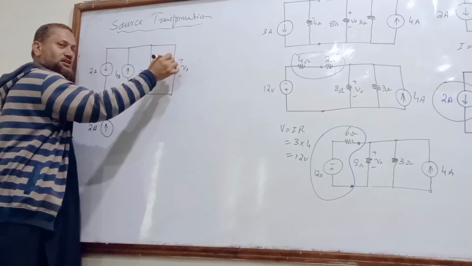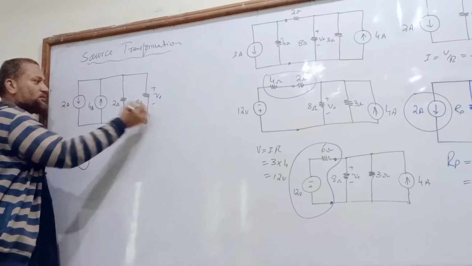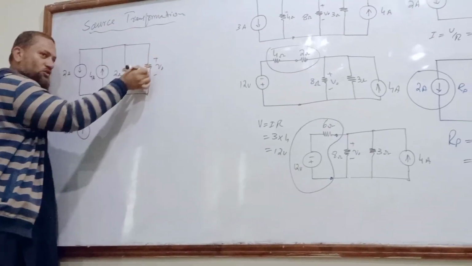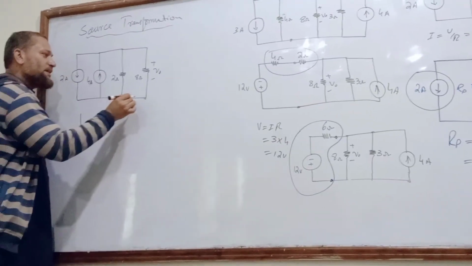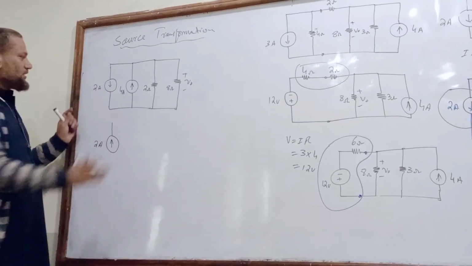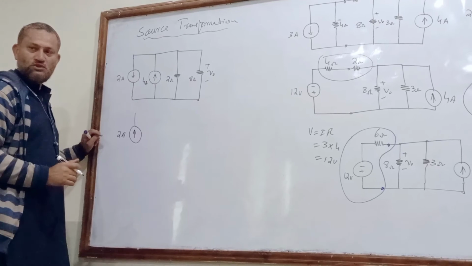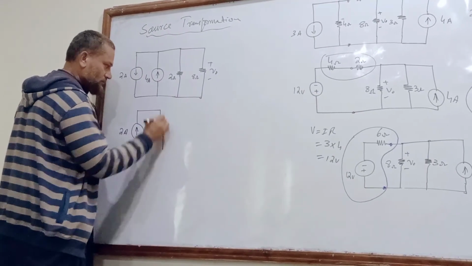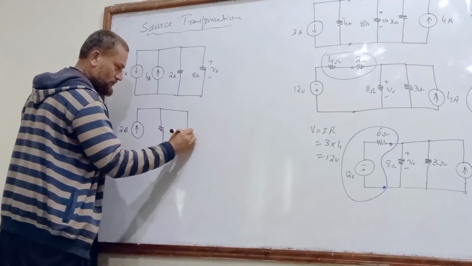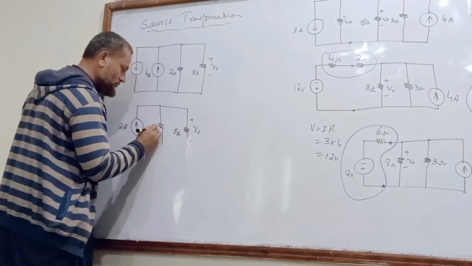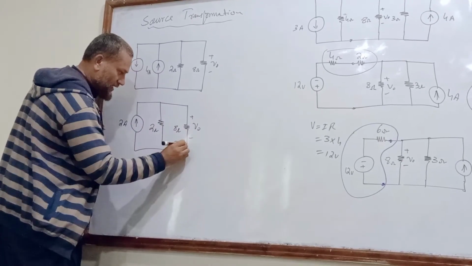One will be downward, one will be upward, because the 4 ampere current will be downward and the 2 ampere current will be upward. And then find the result. Understand? Now I just merge these two. So how much is this one? Plus minus V naught, not 8 ohm, 2 ohm, and then this circuit.